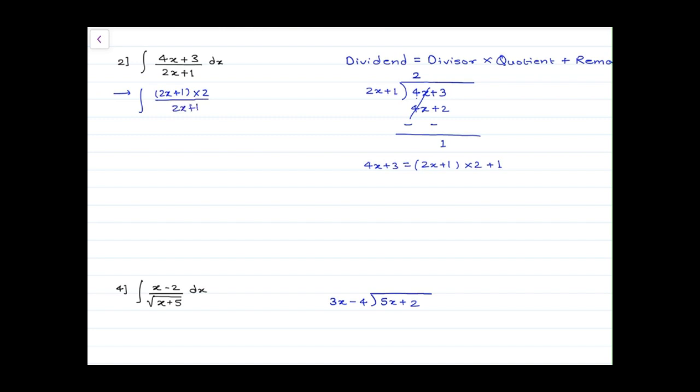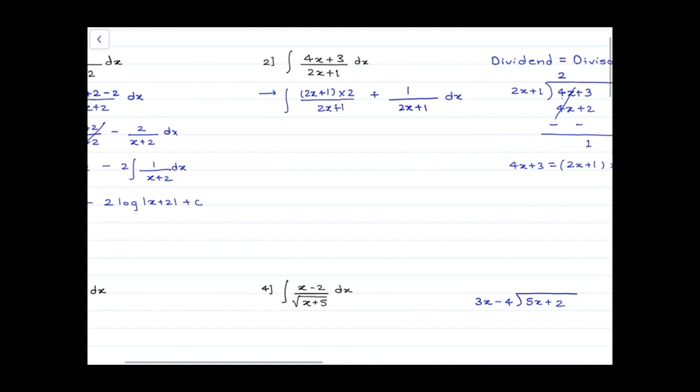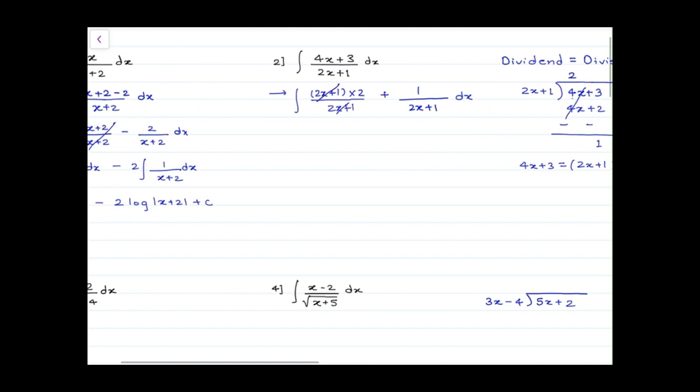I am separating the denominator as well. So I will remain with this kind of equation. And now it becomes simple to solve this, right? We can cut 2x plus 1. We will remain with integration of 2 dx plus integration of 1 upon 2x plus 1 dx, right?